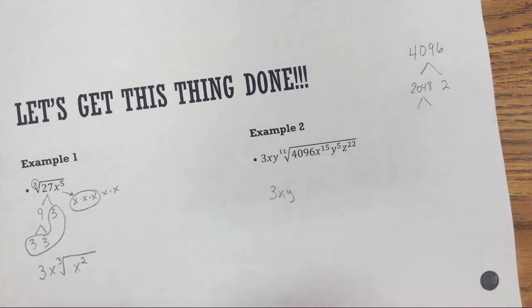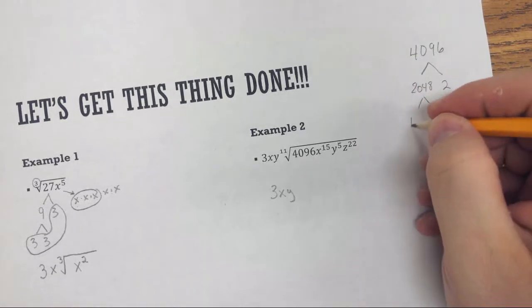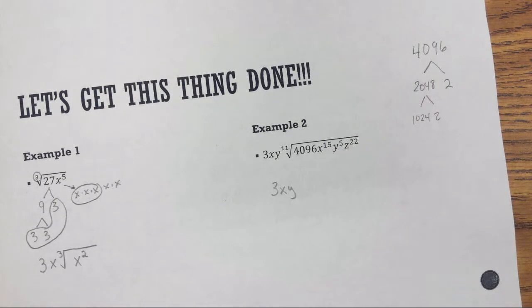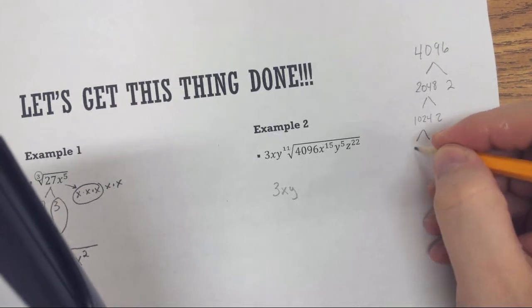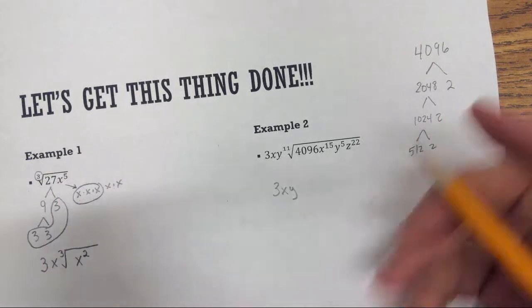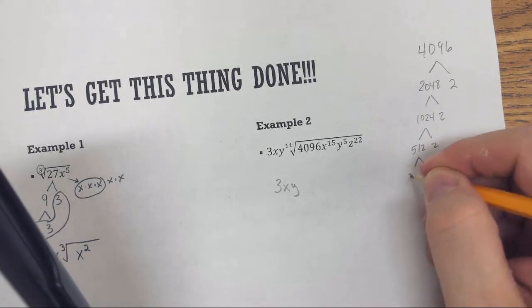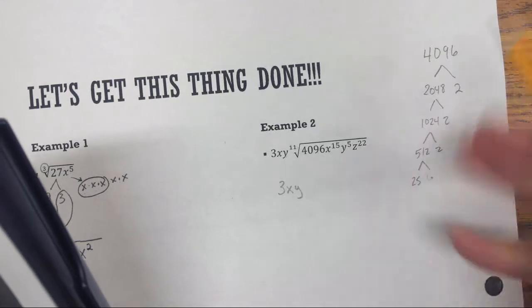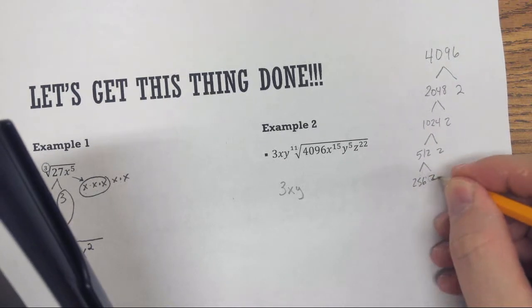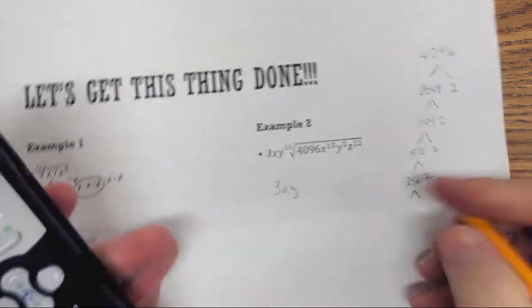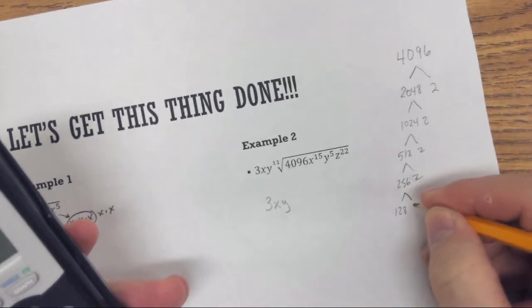I'm going to break that down again and get 1024 times 2, which then I'm going to divide by 2 again and get 512, which I'm going to divide by 2 again and get 256. 256 times 2, which then I break down again, divide by 2 again, and I get 128.